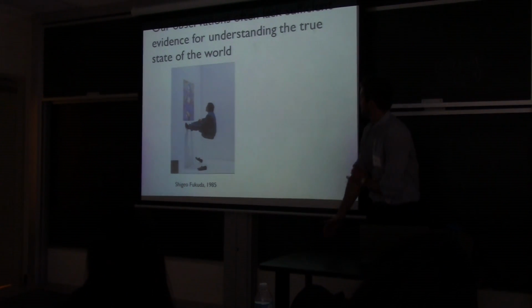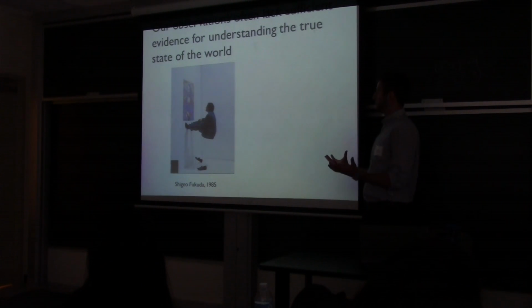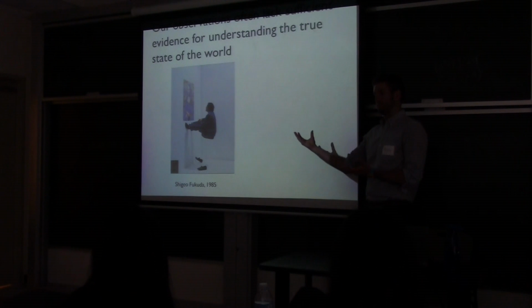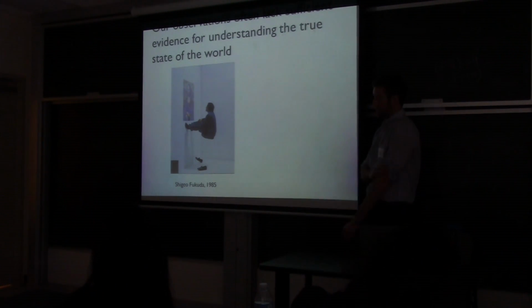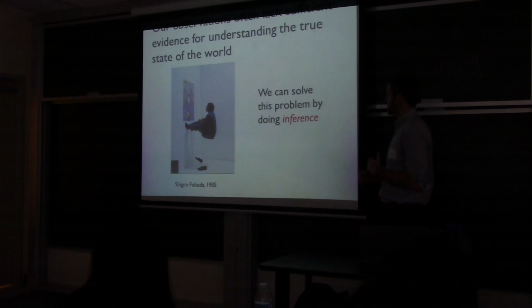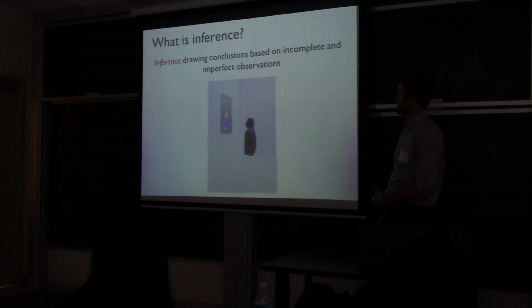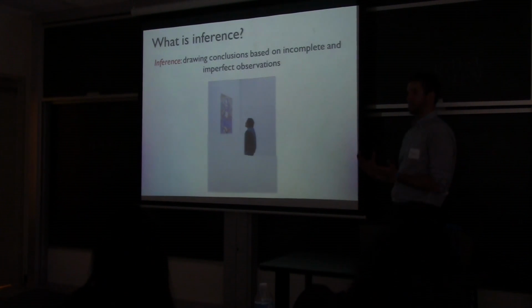So the question is, what happened? Well, we didn't have enough information to know whether he was standing on the ground like this and being rotated, or sitting. So what we did was we made an inference. And what's an inference? An inference is drawing a conclusion about something based on incomplete and imperfect observation.